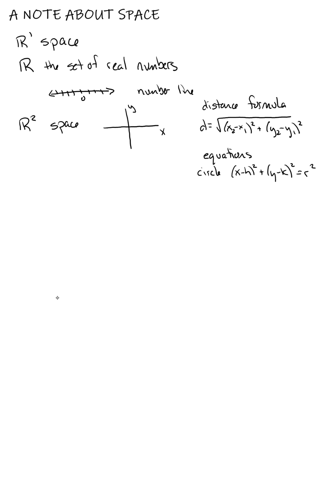This, of course, is with center at (h, k), where r is equal to the radius. You could also write a disk. You might not have seen this one, but it's very similar. It's the exact same thing, only we're going to use a less than or equal to instead of an equal to r squared. So that's R2 space.